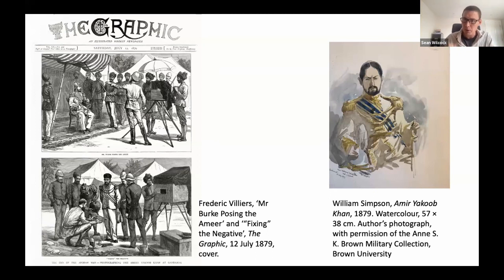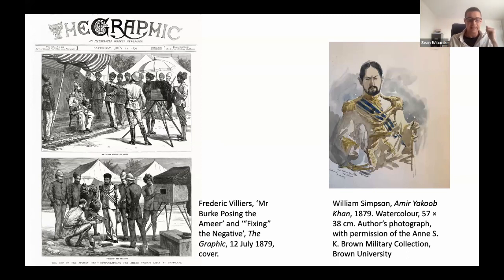So at this fraught moment of geopolitical change, the Emir is caught at the intersection of numerous colonial techniques of observation, sketching, painting, photography, as well as various forms of written report.